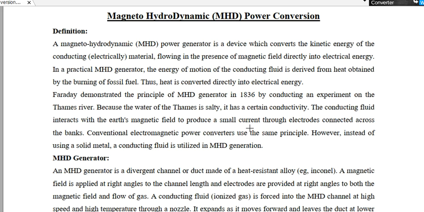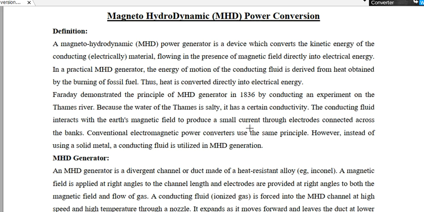In a practical MHD generator, the energy of motion of the conducting fluid is derived from heat obtained by the burning of fossil fuel. Thus, heat is converted directly into electrical energy. So, basically, an MHD power generator works on the same principle as a conventional electric generator, but we know that in a conventional electric generator, a conductor coil which is of a solid metal is rotated rapidly between the poles of a magnet to generate electricity.